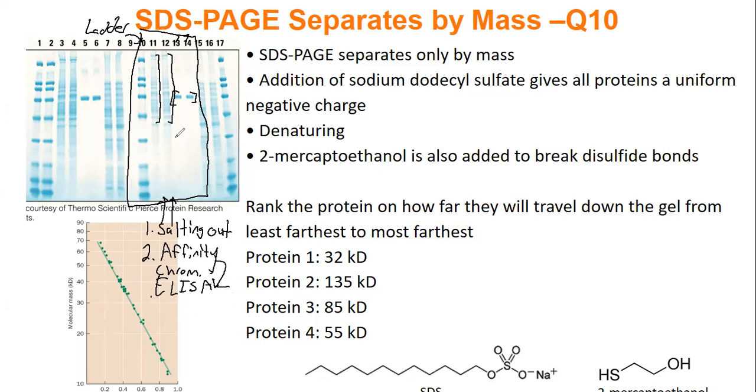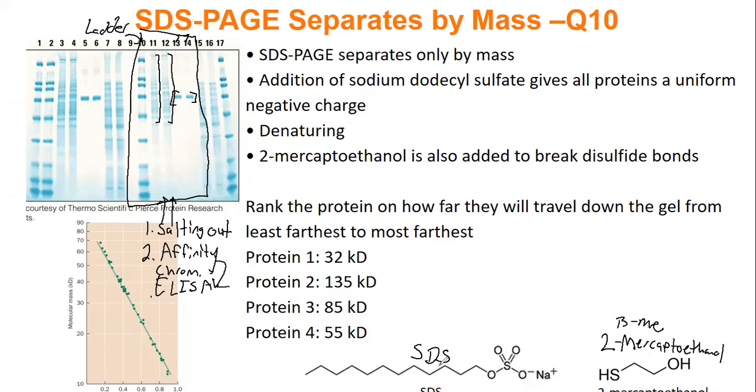So SDS-PAGE is really just a way to see if your samples are pure or not, or determine, is this actually my protein? The way it separates proteins by mass is that you add a detergent called SDS. That's where it gets its name from. And you also add 2-mercaptoethanol, or also called beta-ME.